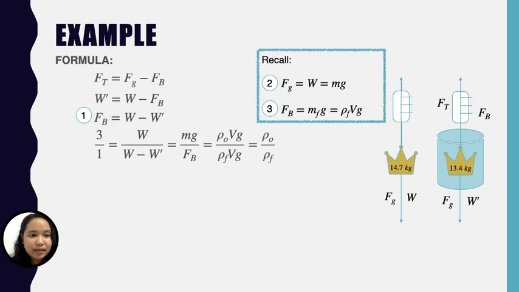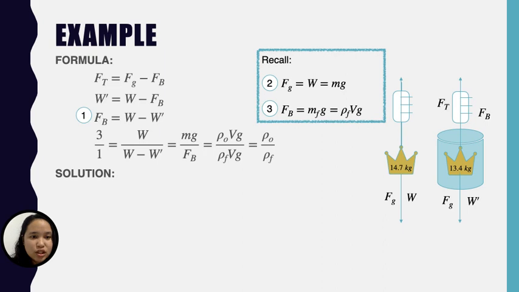Sorry, instead of 3 it's equation 2. So, 2 versus 1. We get W over W minus W prime.